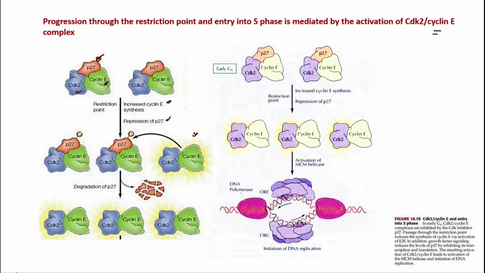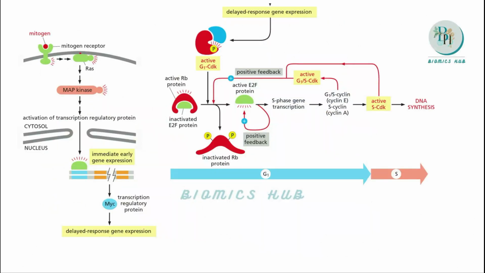So let us see again with this diagram how the G1-S phase transition is taking place. Here we are getting a mitogen, a growth factor. It is binding with the receptor and activating the RAS-MAP kinase, and it is entering into the nucleus. When it enters the nucleus, it activates other factors for cyclin D as well as CDK4 and CDK6, forming a complex.